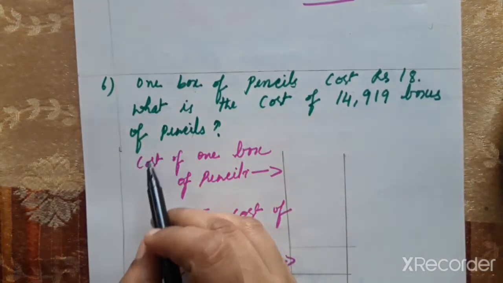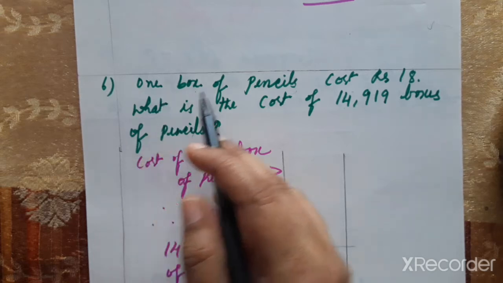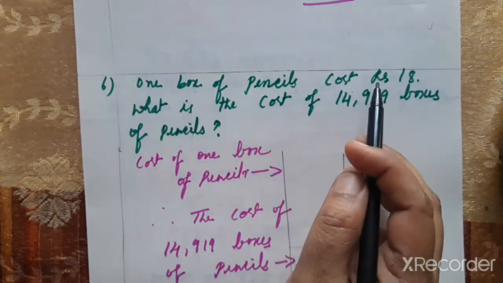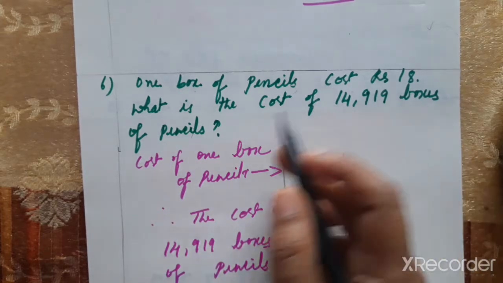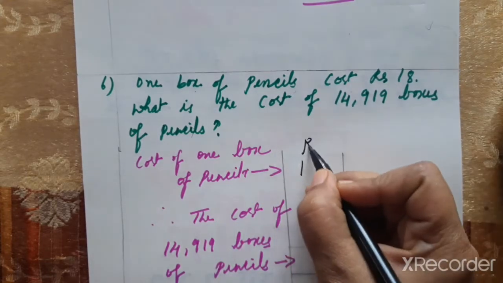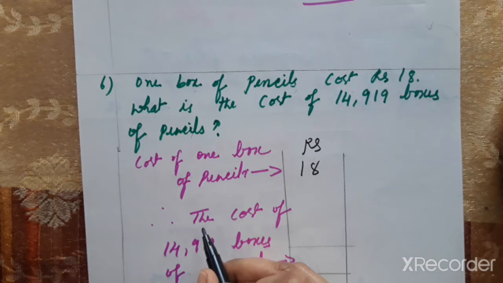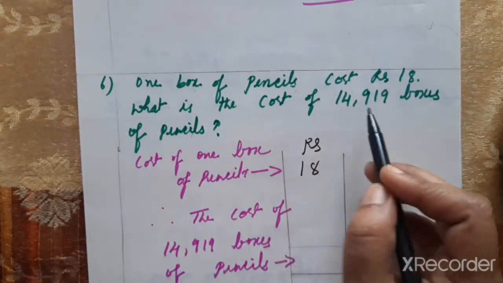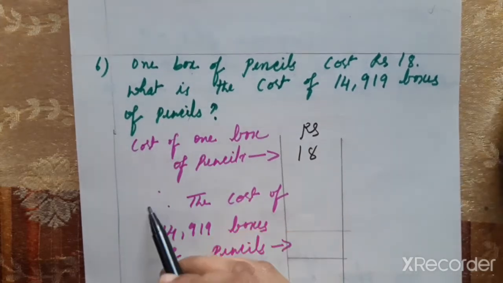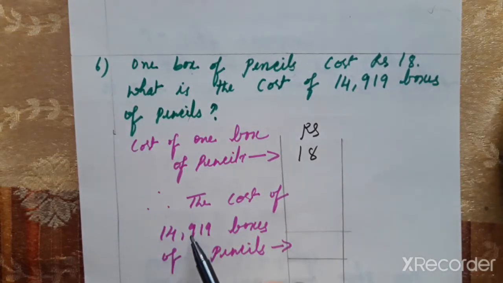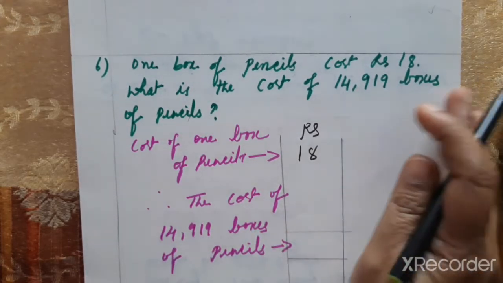Now how to write the sentence. You can write your own sentence. The cost of one box of pencils, how much? 18 rupees. It is given in the question. What is the cost of 14,919 boxes of pencils? Therefore, the cost of 14,919 boxes of pencils.